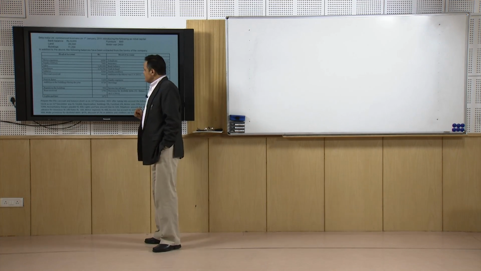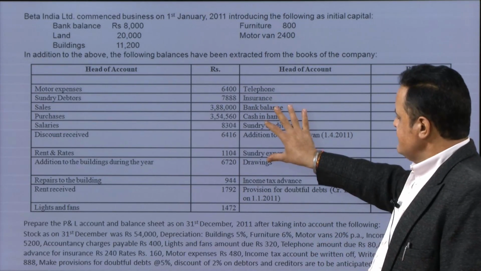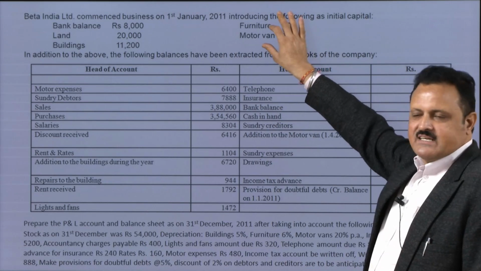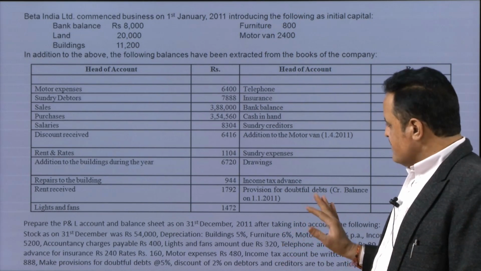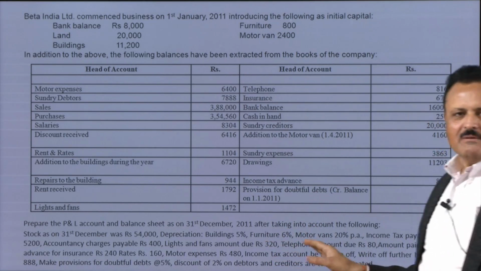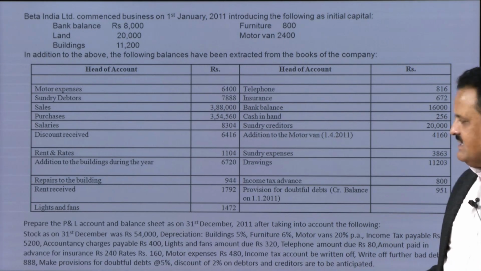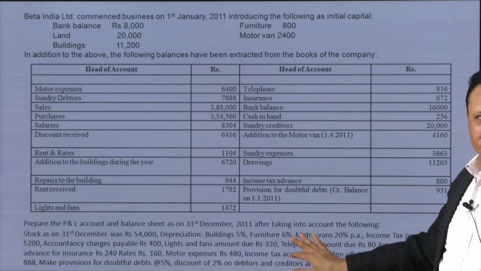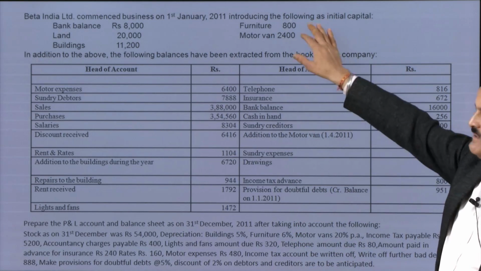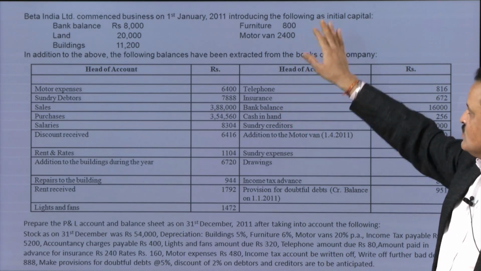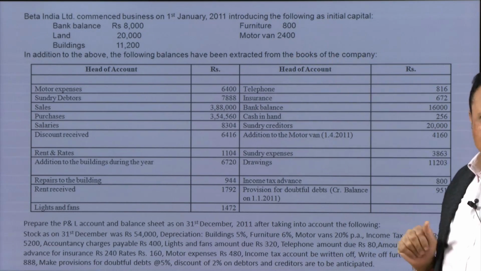One more important point here is, you might be wondering that we have this trial balance, this information is also outside the trial balance and this information is also outside the trial balance. So for this information we are making a double treatment, because we have to complete the double entry accounting system for this, right. So the question arises that since this information is out of trial balance, do we need to give the double treatment to this information also?